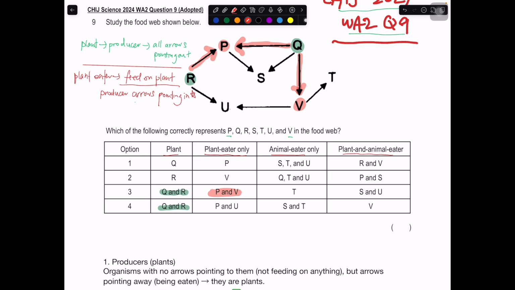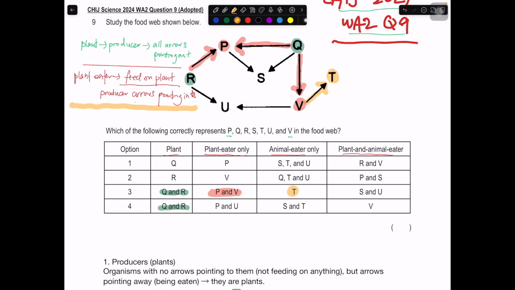But let us evaluate animal eater and plant and animal eater. Animal eater means it will feed on the plant eater. Because there's only one arrow going into T, and this arrow comes from the plant eater, T must be the only animal eater in this food web.